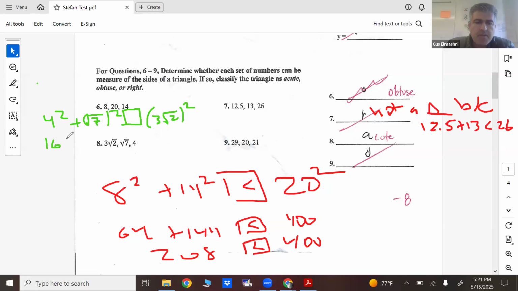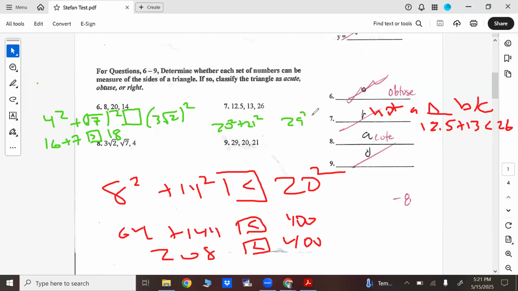That's 16. That's 18. So that's cute. And then here, I think it's the right triangle. Right.